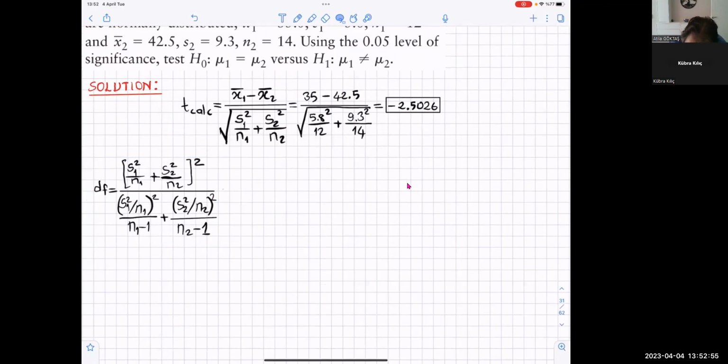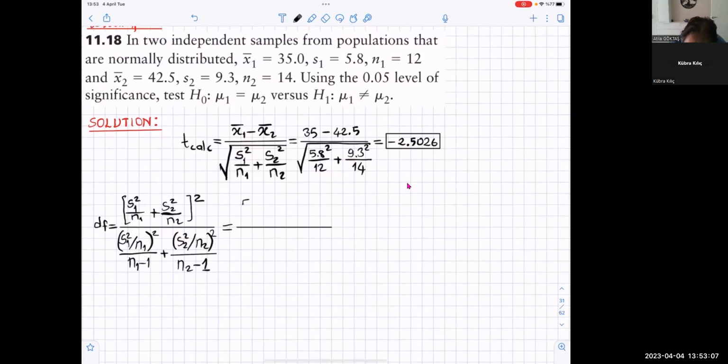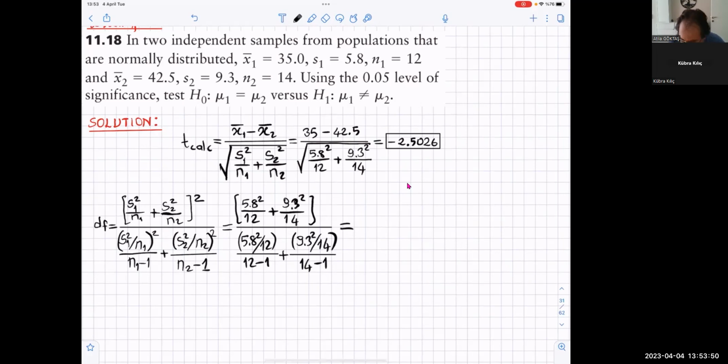It equals this squared: 5.8 squared divided by 12 plus 9.3 squared divided by 14, within the square bracket, over 5.8 squared divided by 12, divided by 12 minus 1, plus 9.3 squared divided by 14, divided by 14 minus 1. Okay, the degree of freedom.